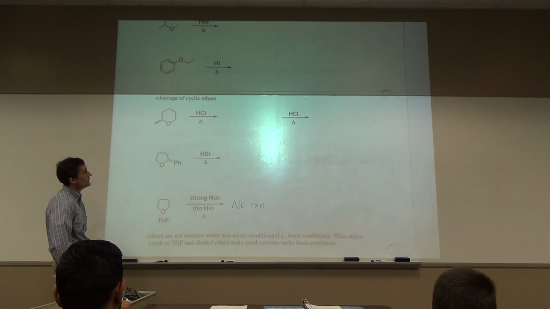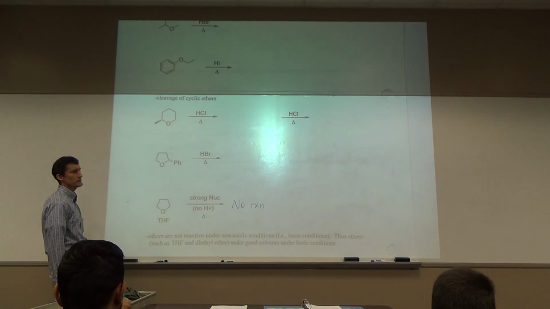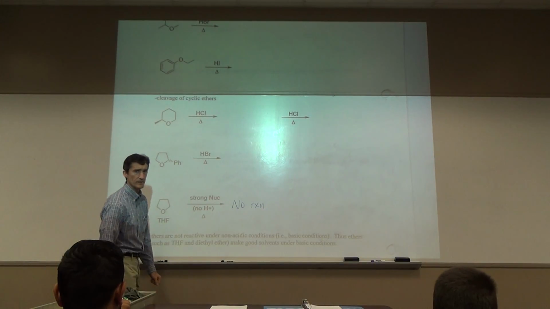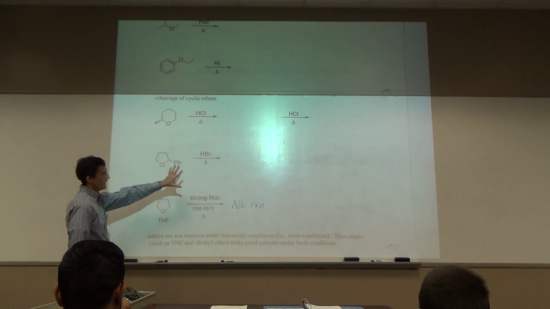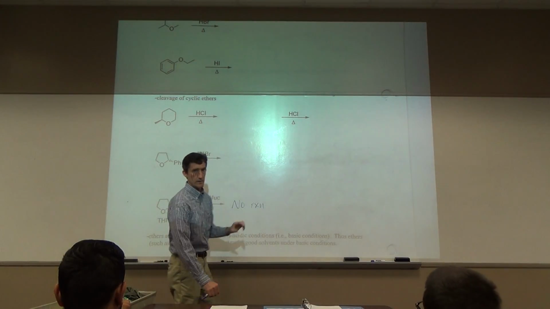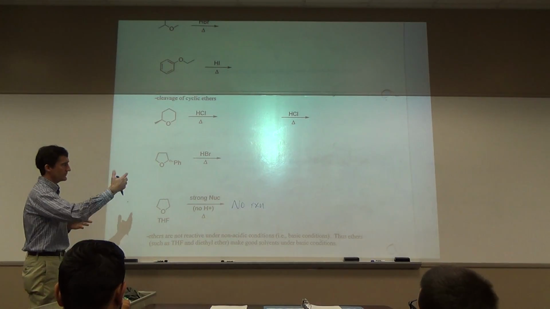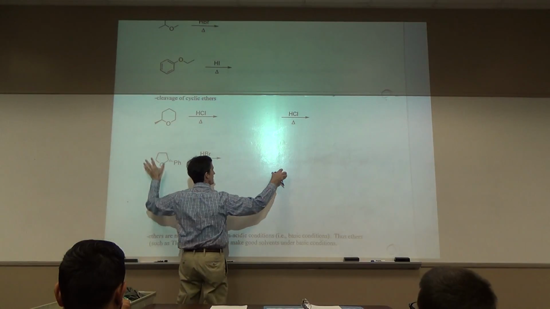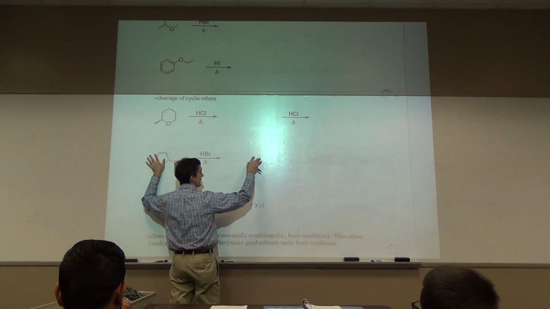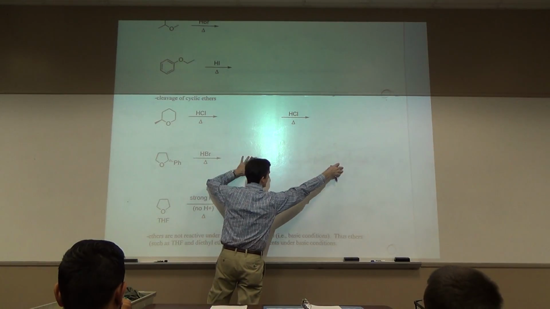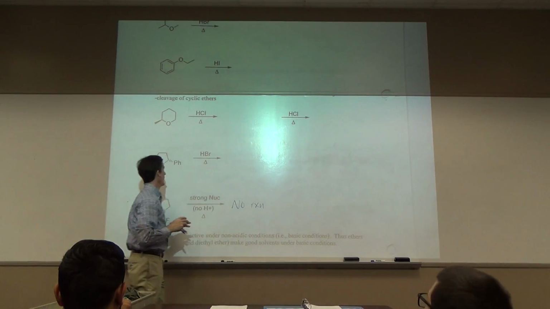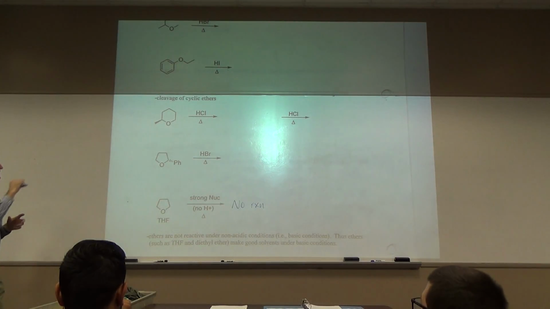For that problem, you could start getting mixtures in practice, where some of the product reacts again. It depends on how fast this reacts versus how fast this reacts. If this reacts super fast, then you're probably going to end up with a lot of that compared to this.